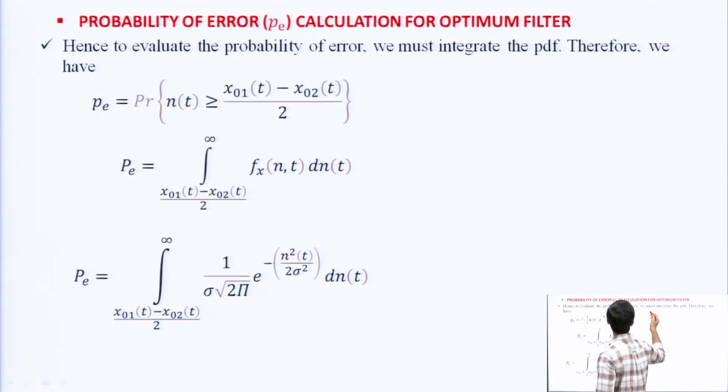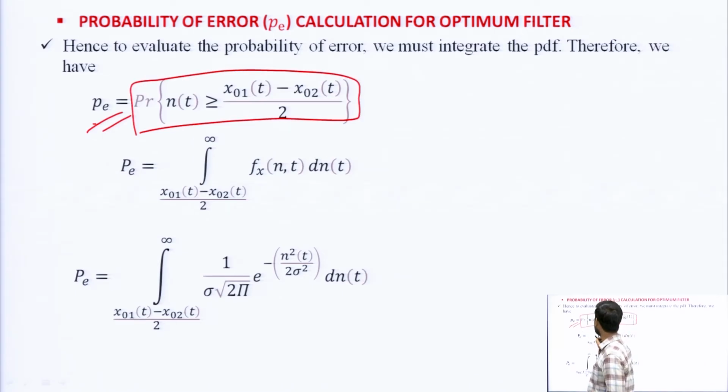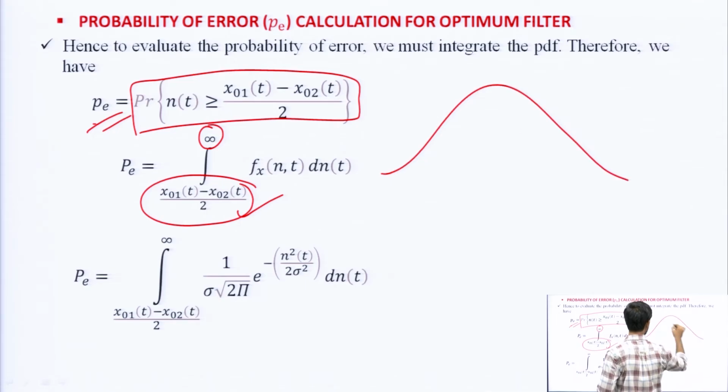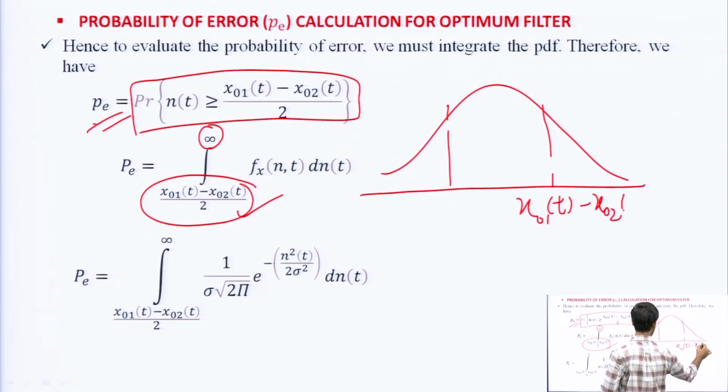Hence, to evaluate the probability of error, we must integrate the PDF, from this threshold point to infinity, in the region beyond x naught 1 of t minus x naught 2 of t divided by 2.